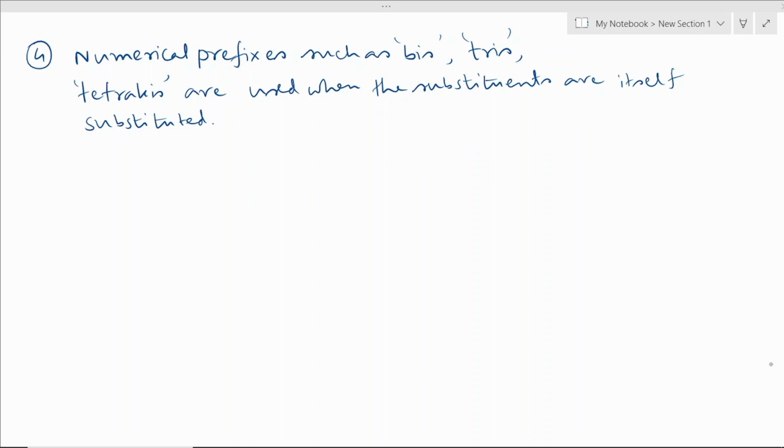When the number of substituents is 2, it will be bis, when 3 it will be tris, and when 4 it will be tetrakis. We will understand by an example.